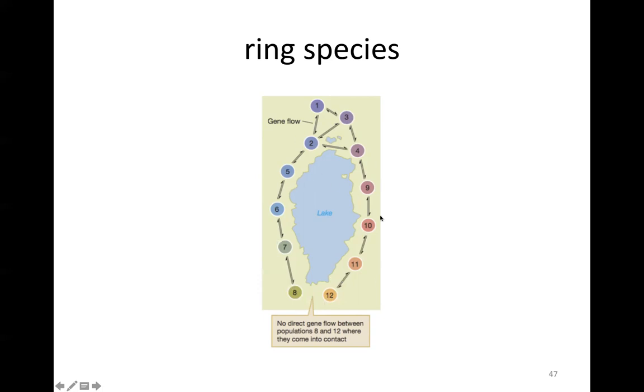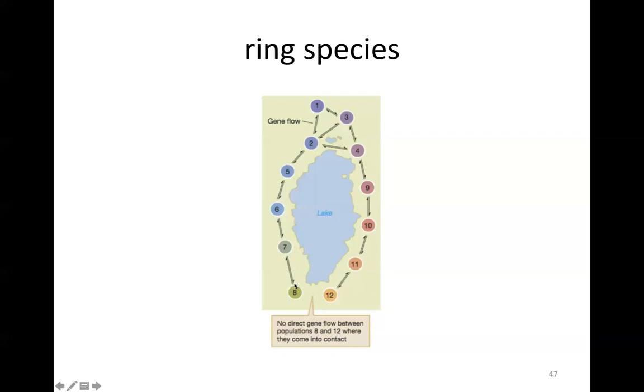So in biological species concept terms, these are not totally isolated. They would be part of the same species, but if you directly try to mate them, they don't mate. They don't find each other attractive, or they're incompatible, whatever.